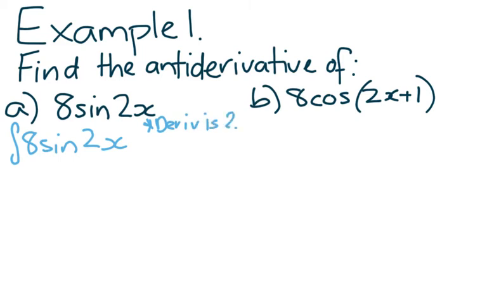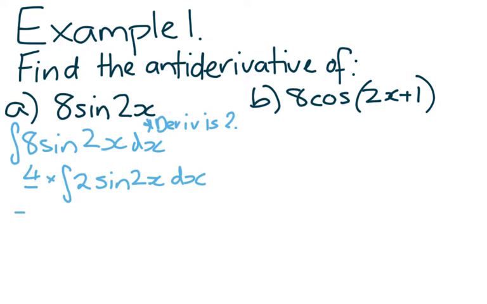Okay, so the derivative of that 2x is 2. So what that means is we need to have something multiplied by the integral of 2 sine 2x dx. And then we need that to be 8. So that blank space there is 4.